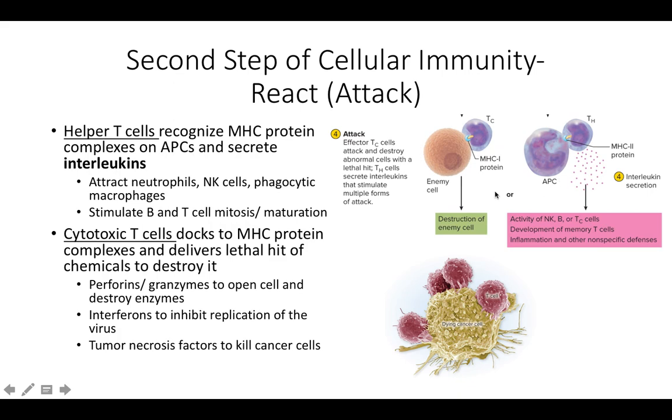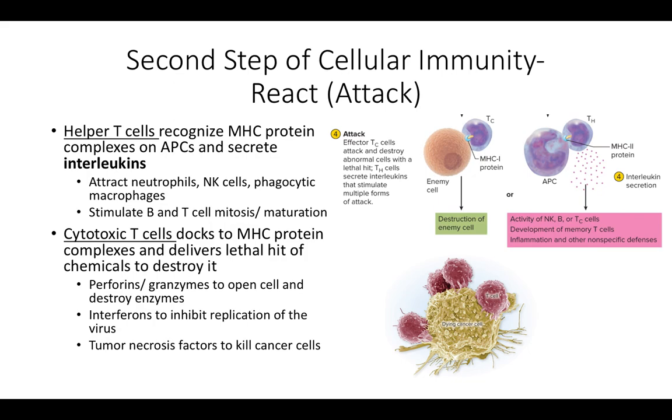The second type of reaction that can happen is that we get a cytotoxic T cell that binds directly to the enemy cell. And remember, cytotoxic T cells are the only T cells that directly attack a pathogen or an antigen. So what they're going to do is dock to this enemy cell and deliver a lethal hit of chemicals to destroy it.